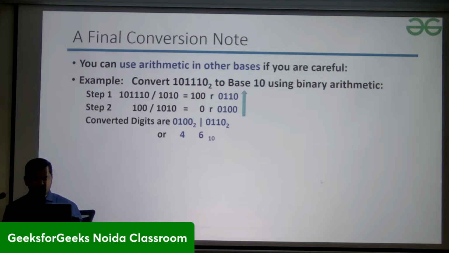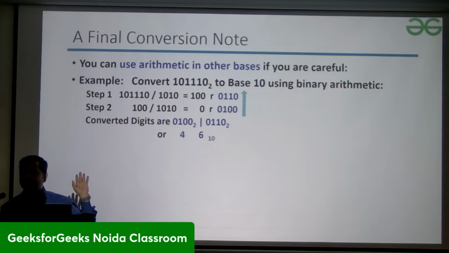So you can use arithmetic in other bases. For example, convert this particular number into base 10. This is the binary number 10111 base 2, and you want to convert it into base 10.